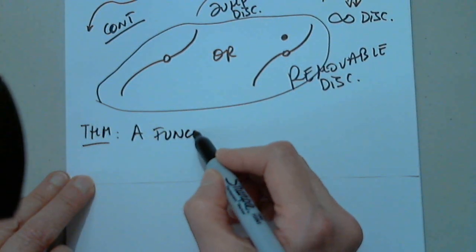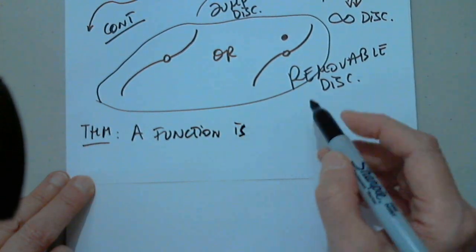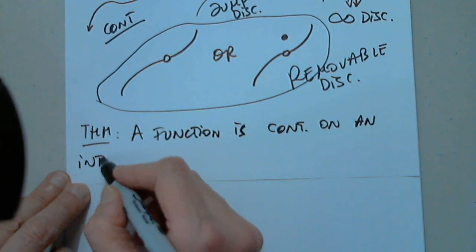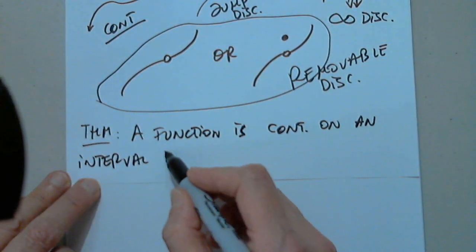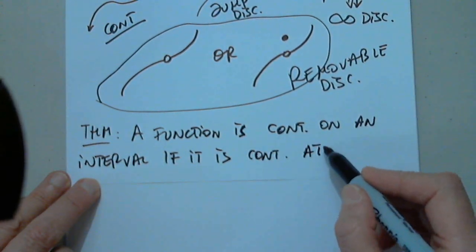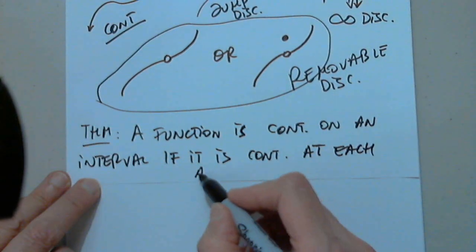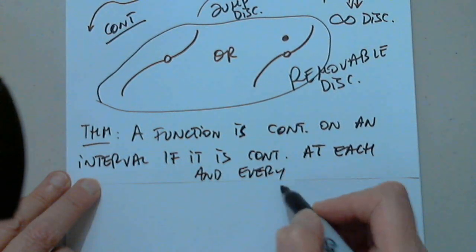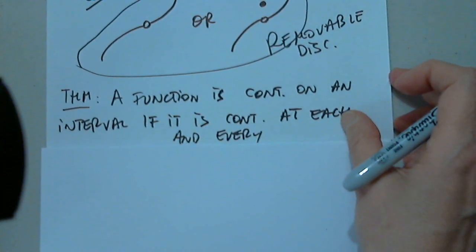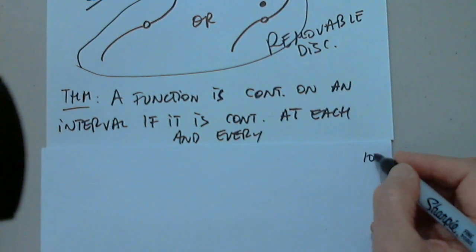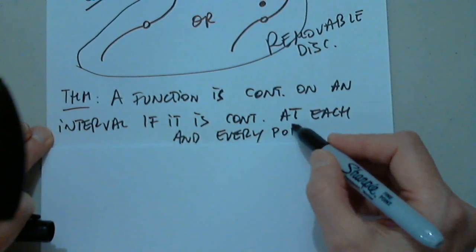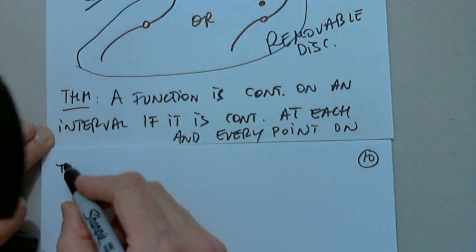A function is continuous on an interval if it is continuous at each and every what on that interval? Point. Yes, on that interval.